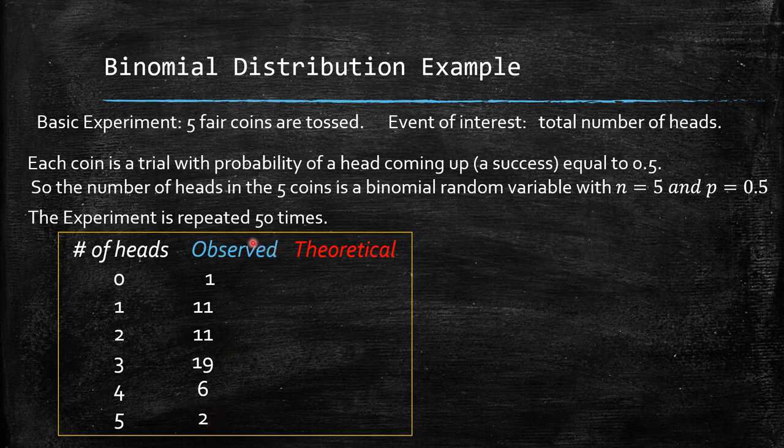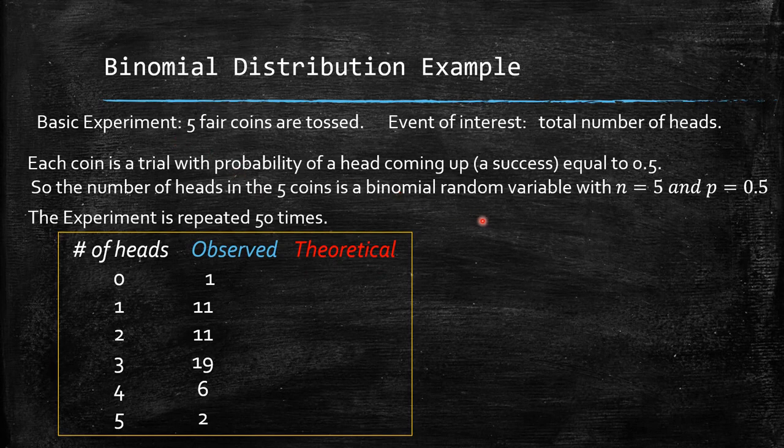So in each trial, out of 50 trials, this is the observed fact. Now if I want to fit a binomial distribution, that means finding the theoretical frequencies. In the usual manner it is not easy because the total sample space has 2 power 5 elements, correct? So it is not feasible.